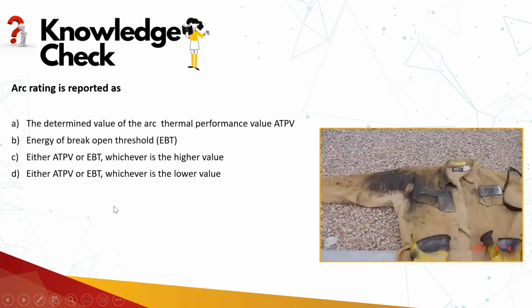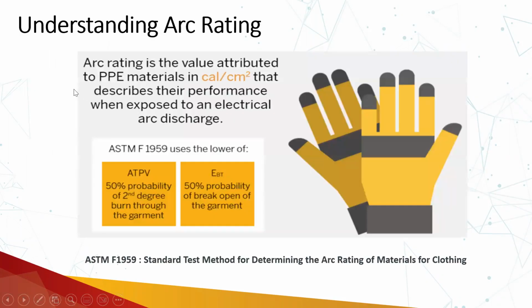So what is ATPV? Arc rating is the value attributed to the PPE material in calories per centimeter square that describes its performance when exposed to an electric arc discharge. ATPV is the 50% probability of second degree burn through the garment. EBT is the 50% probability of break open of the garment.